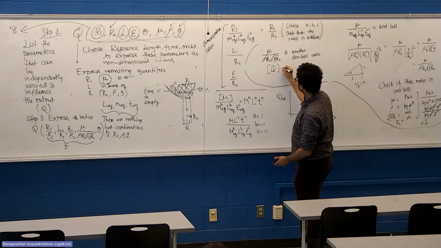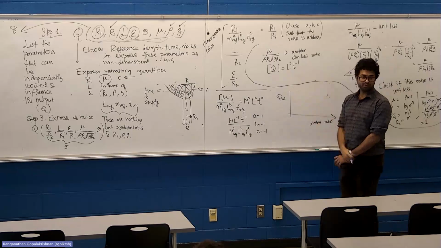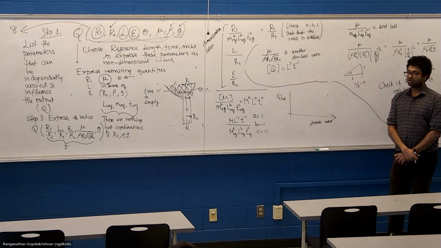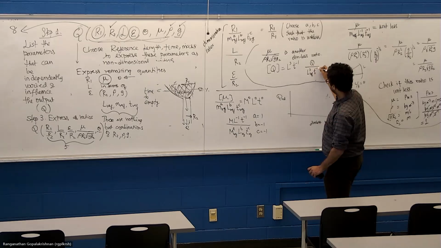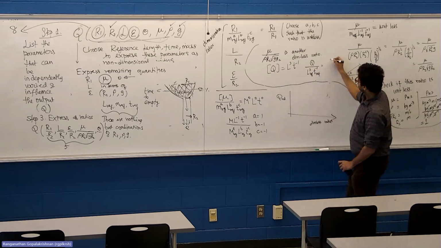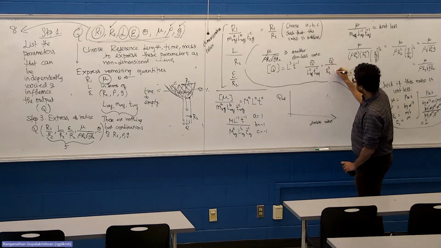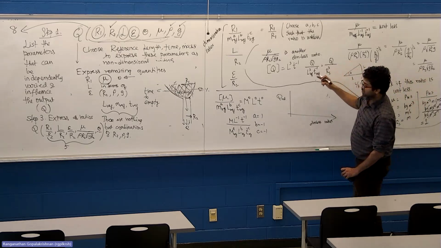The dimensions of Q must be length cubed per time. So how do we express Q as a ratio here? If I want Q divided by something like a reference length cubed multiplied by time inverse, what will that quantity be? Q divided by R2 cubed multiplied by T reference, which is, what is T reference?